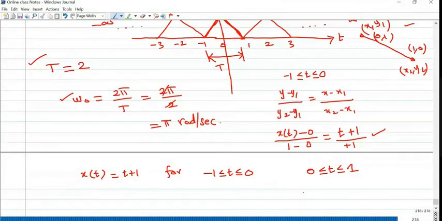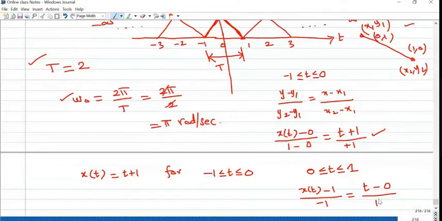Y minus y1, where the y-axis variable is x of t: x of t minus y1, that is 1, divided by y2 minus y1, which is 0 minus 1, that is minus 1. Equal to x, that is the variable t, minus x1, which is 0, divided by x2 minus x1, which is 1 minus 0, that is 1. Correct?